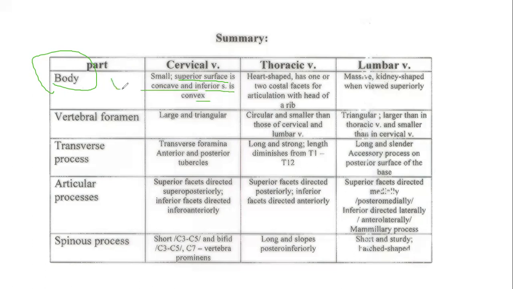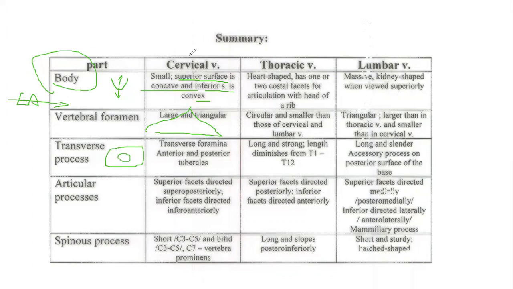But if you've got the superior, we've got this one concave in anteroposterior axis, inferior in this axis, so in the transverse axis, okay? Vertebral foramen large and triangular, transverse process with the transverse foramen.